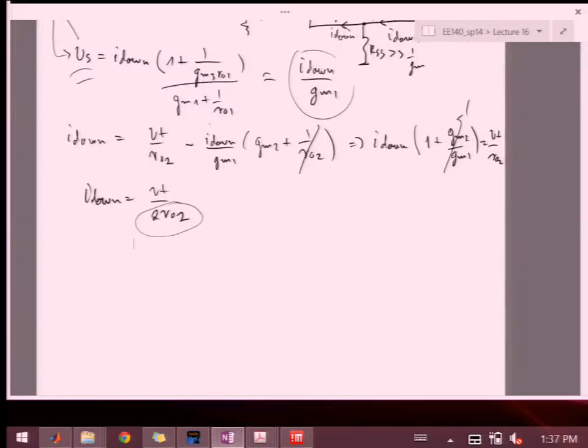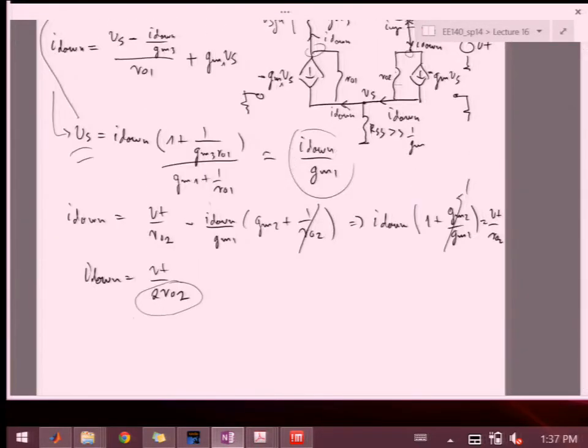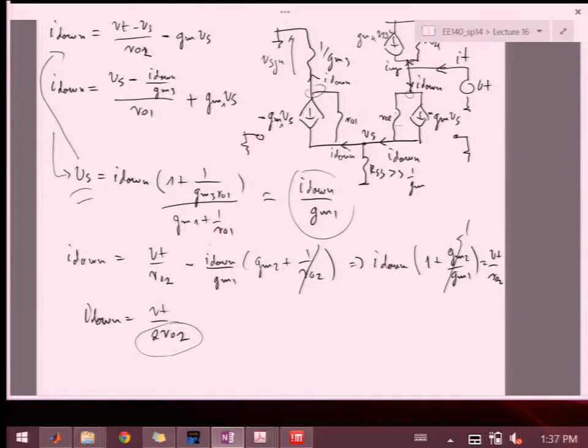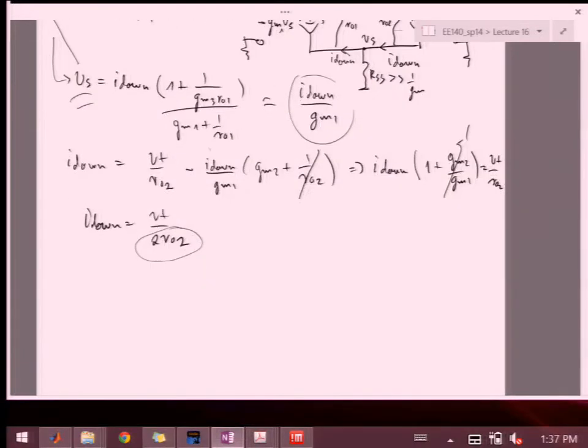But as you'll see in the next step, for some of the things, you have to be very careful which things you neglect at what point, because they may prove to be crucial in the end, where you're subtracting two things that are very close to each other and looking for the second order effect. But in this case, this is the I down. Okay.